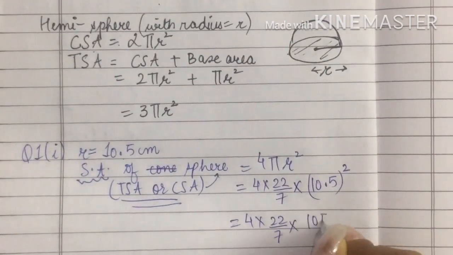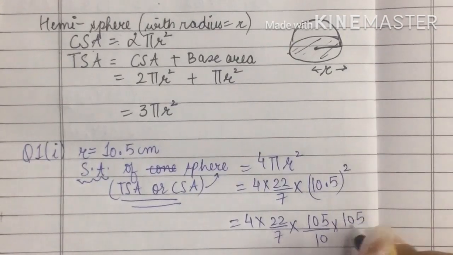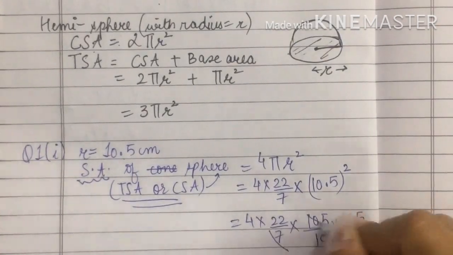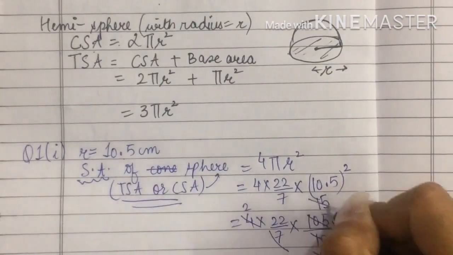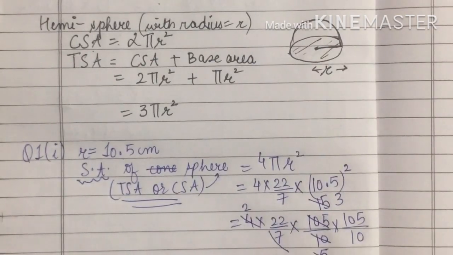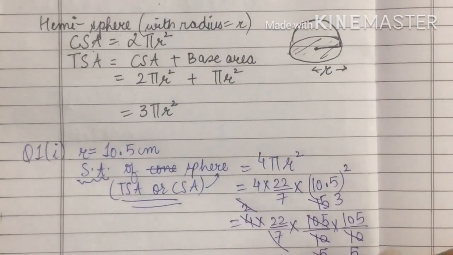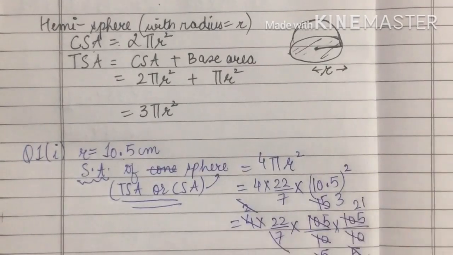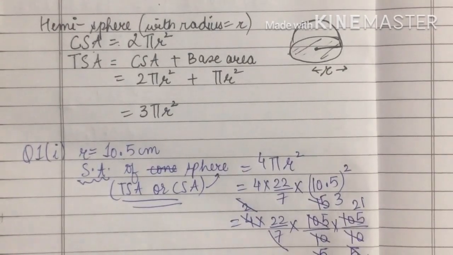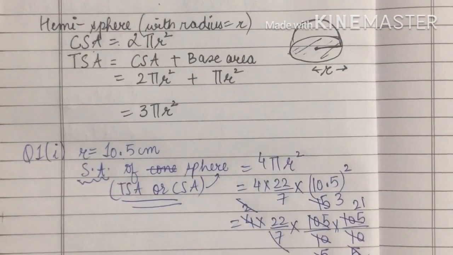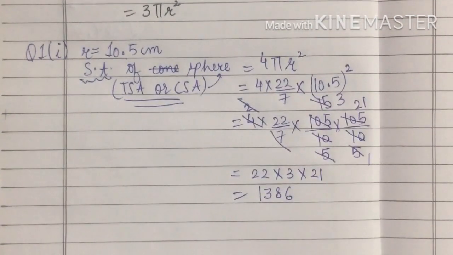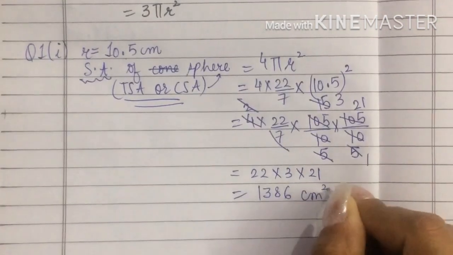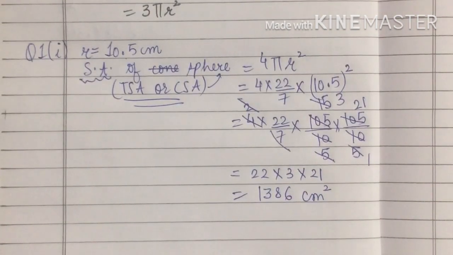So I'm doing two things simultaneously, removing the decimal and simplifying the square. This gets simplified. Now I'm cancelling this. I'm left with, I can also cancel this. So I'm left with 22 multiplied by 3 multiplied by 21. Let's find out the answer. This comes out to be 1386 centimeter square.